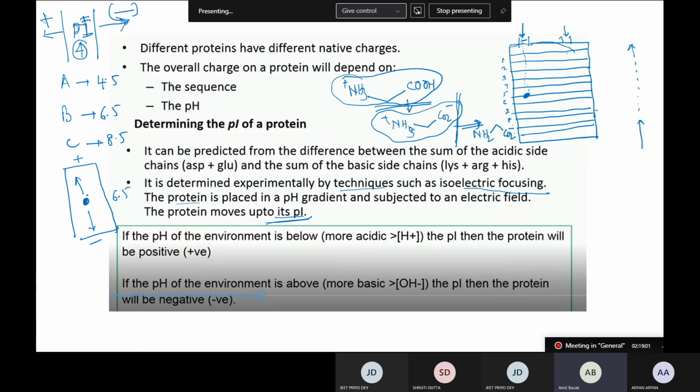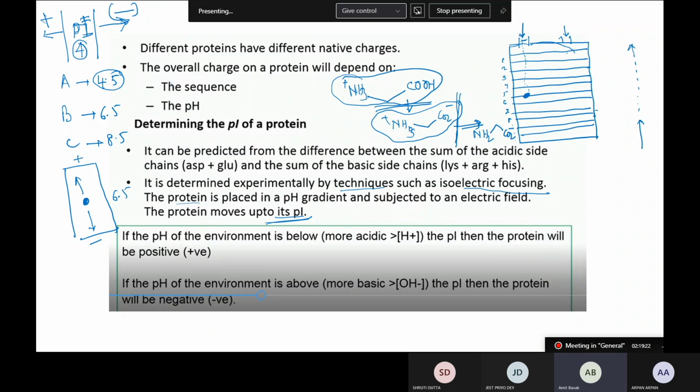So now you can tell which one moves where. B remains stationary. A's isoelectric point is 4.5, which is lower than 6.5. Sorry, I am very sorry.